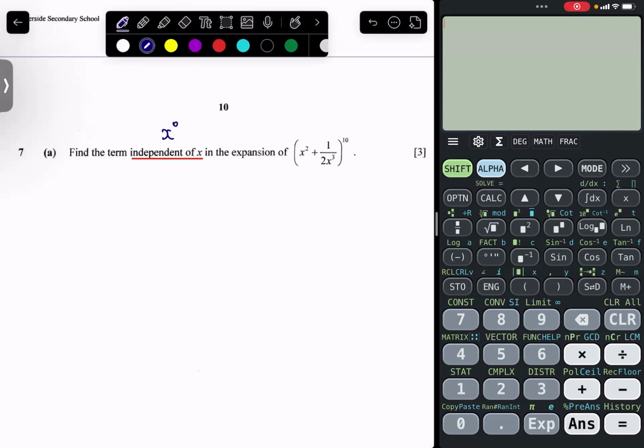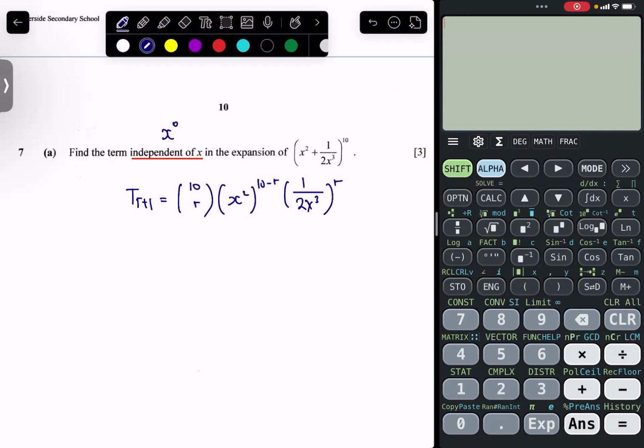on the specific term. T(r plus 1) equals 10 C r, (x squared) to the power of 10 minus r, times (1 over 2x cubed) to the power of r.